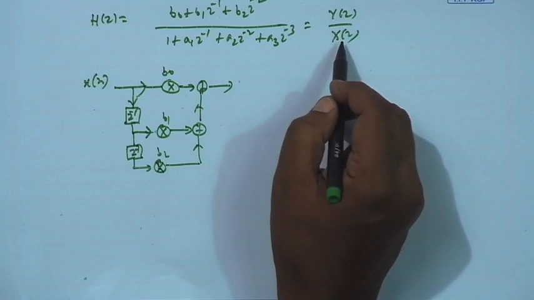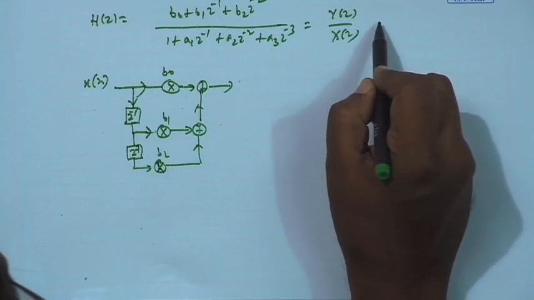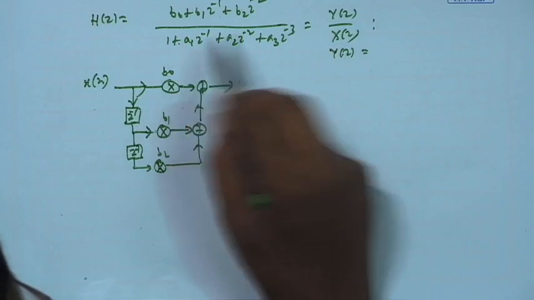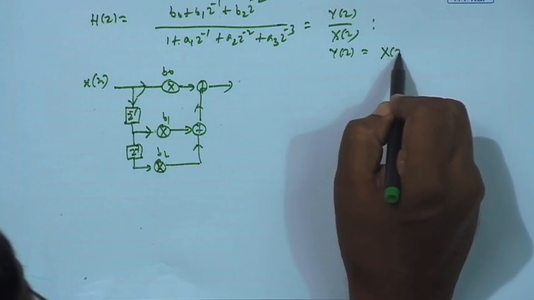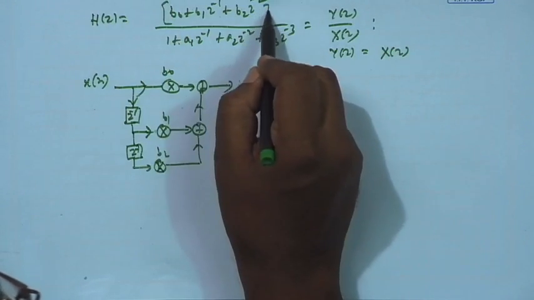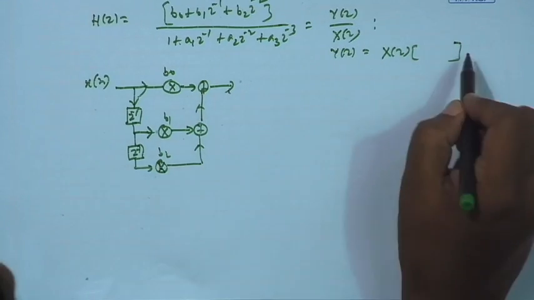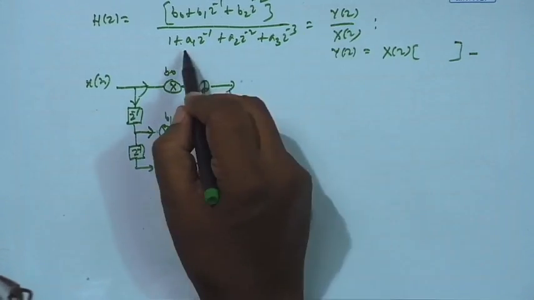Okay. Now, Y z by X z, this means we want to find out the output Y z. So, Y z into 1 is X z into this numerator part, that is already available here now, minus Y z into this part.